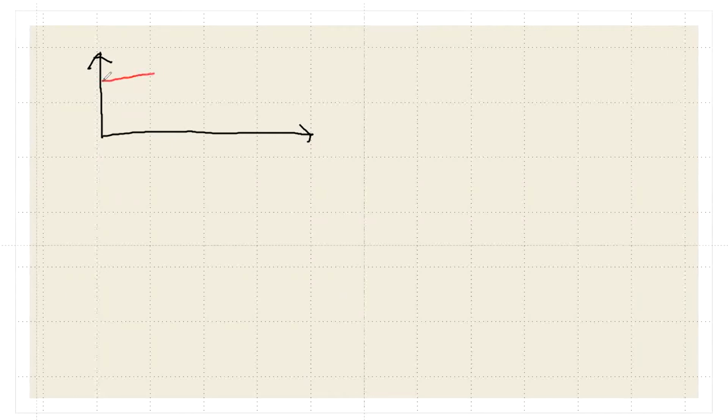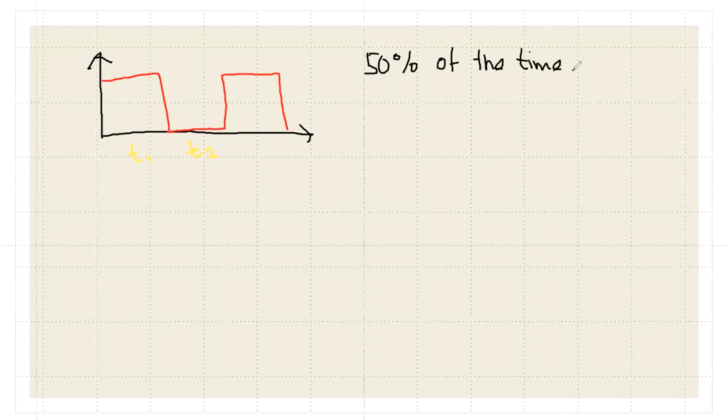If you have the duration for the on and off at the same rate, say T1, T2, if T1 is equal to T2, then you can say that 50% of the time the switch S is turned on.